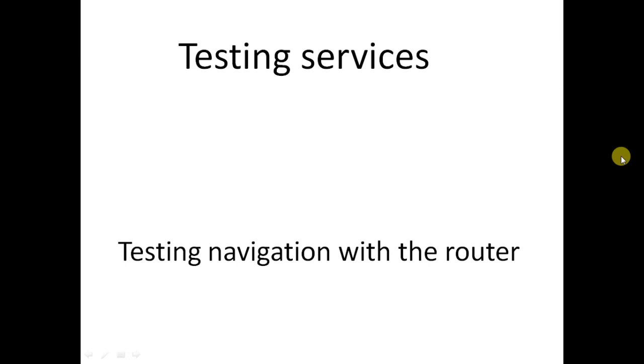If you use navigate, you specify the configured path and route params, if any. If the router is properly configured, it should update the URL in the address bar of the browser.